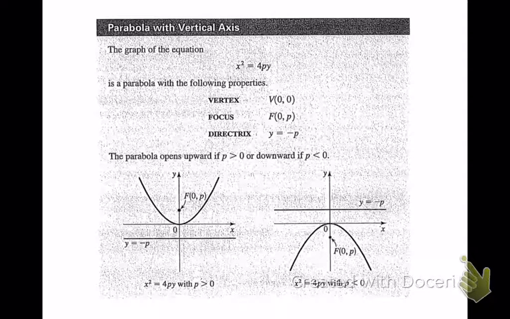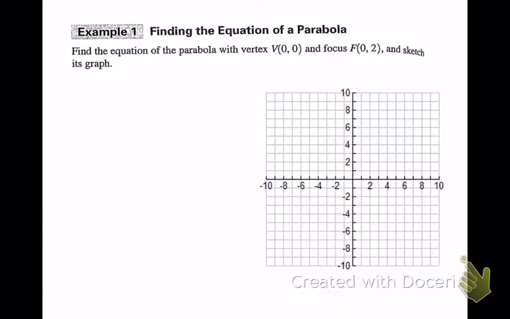So your vertex is your 0, 0 point. And because the vertex is halfway between the focus and the directrix, we can call the focus 0, p and the directrix y equals negative p. If p is greater than 0, the parabola opens upward. If p is less than 0, the parabola opens downward. As you can see in the picture.